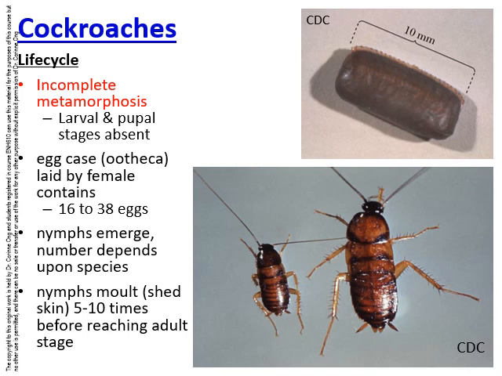It is actually really large in comparison to the female cockroach, and it contains anywhere from 16 to 38 eggs, depending on the type of cockroach. When the nymphs hatch, that's what these baby cockroaches are called, the numbers that hatch or emerge just totally depend on the type of cockroach.